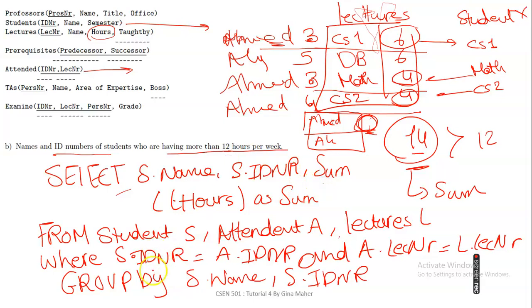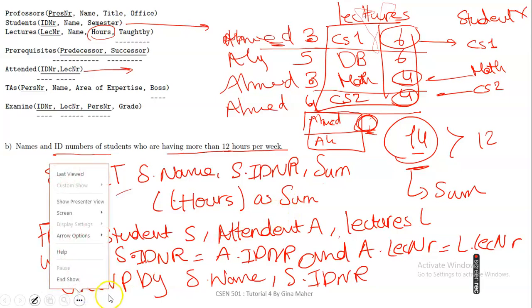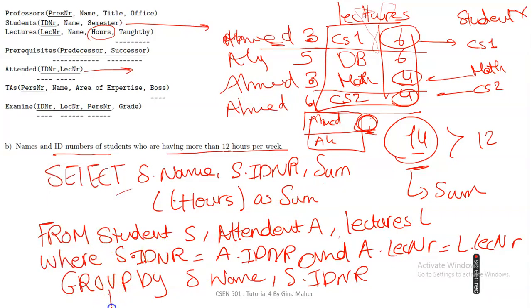So at the end, we want the groups that have sum greater than 12. So we're going to write having sum greater than 12. Having, when we want to put a specific condition for the whole group, we want to get the data of the whole group with a specific attribute, which is sum greater than 12.